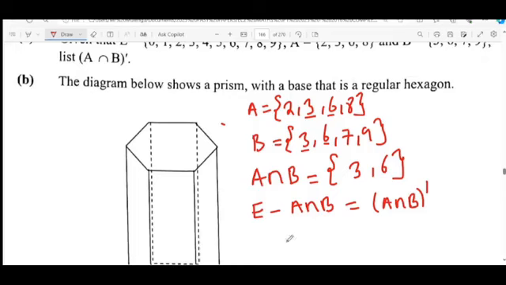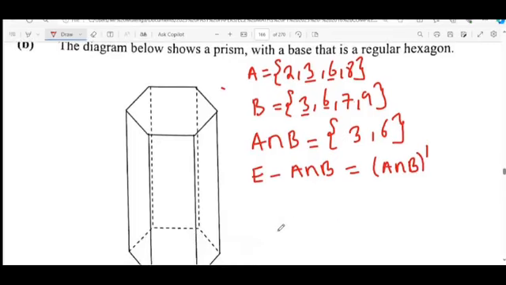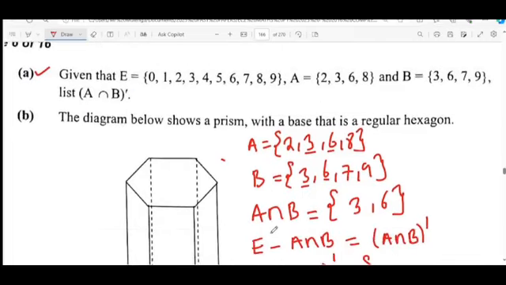Okay, so to do this, you say, therefore, (A intersection B) complement is equal to, so let us just substitute: remove the 3 and the 6 from the universal set. You can see this is our universal set right here.